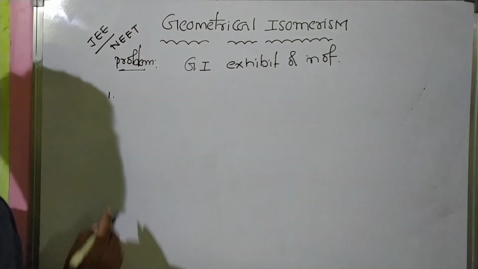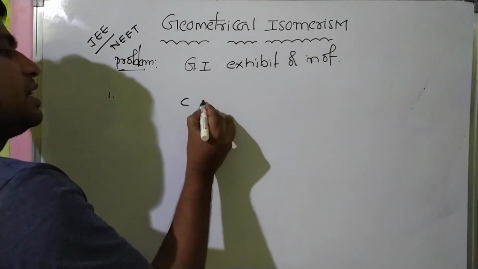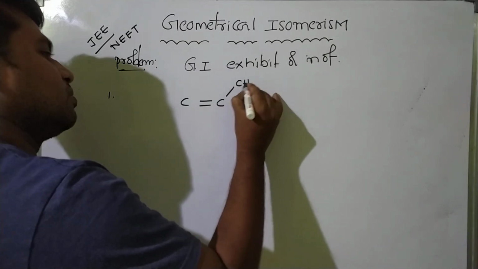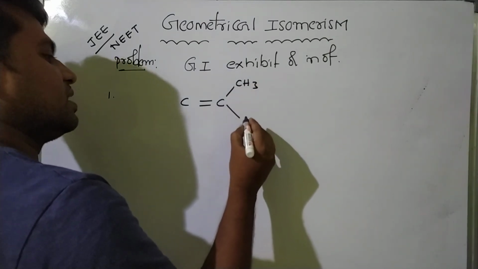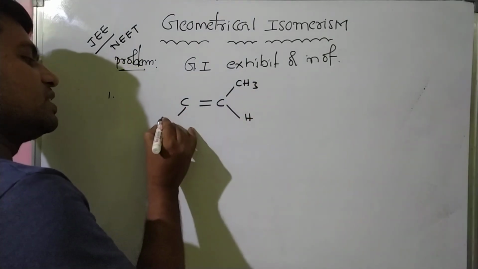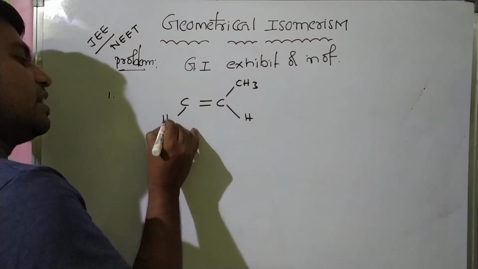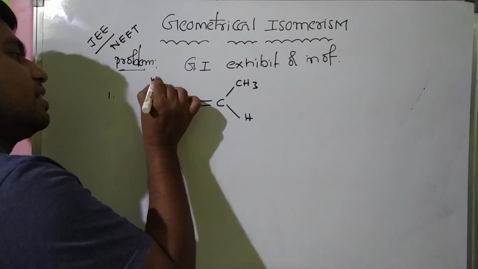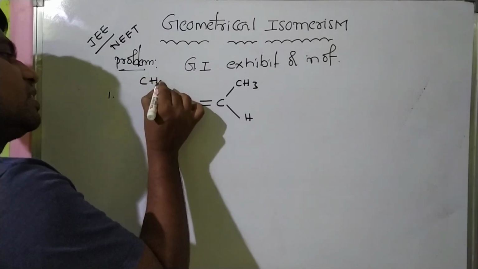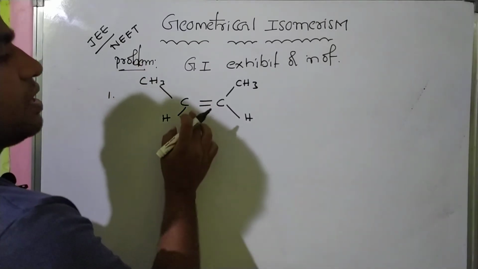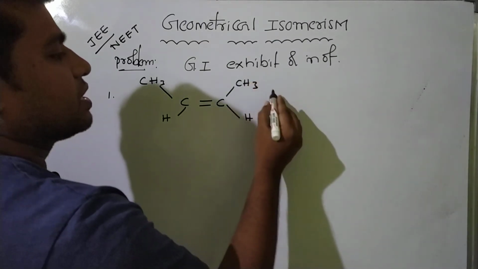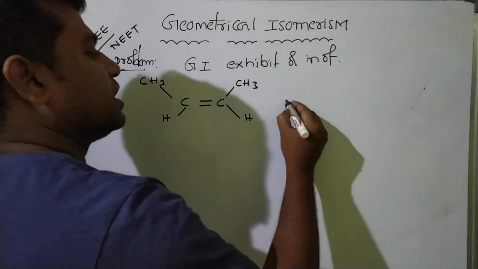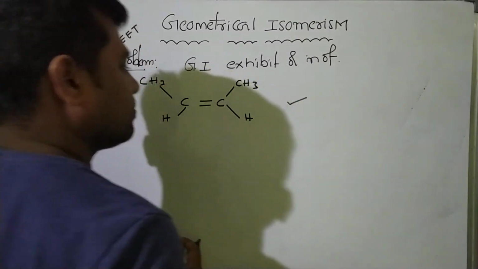First problem. First one is C double bond C. This is a methyl group, this is a hydrogen, this is again a hydrogen, and this is again a methyl group. Here these two groups are different, so it will give geometrical isomerism.